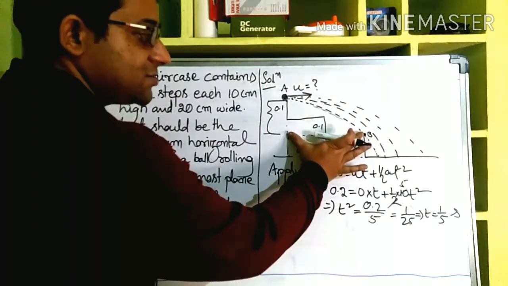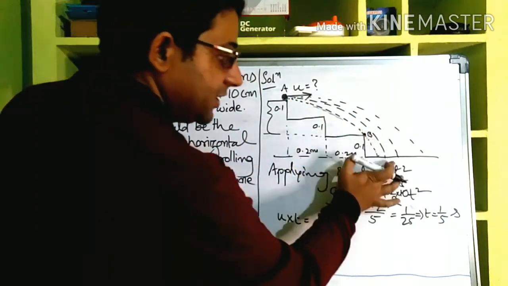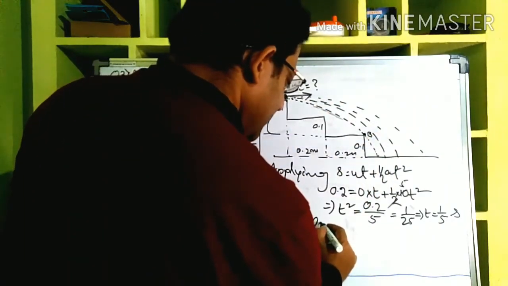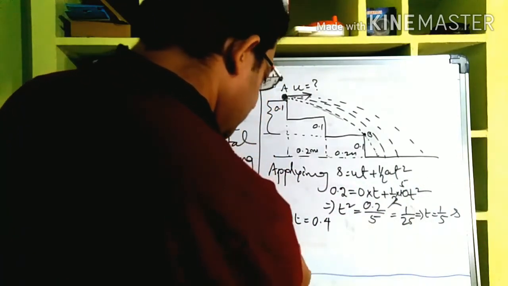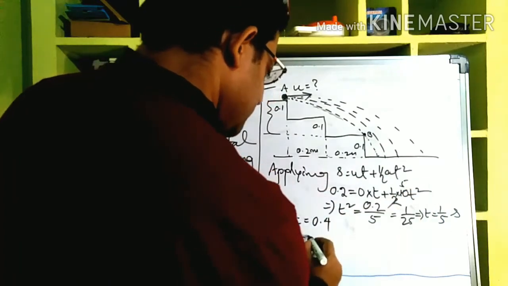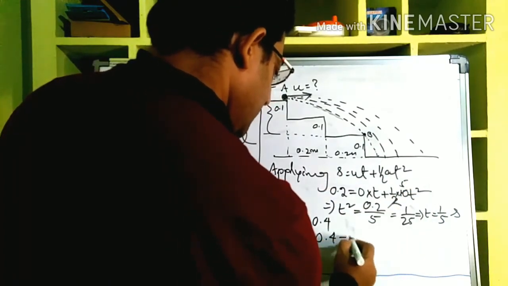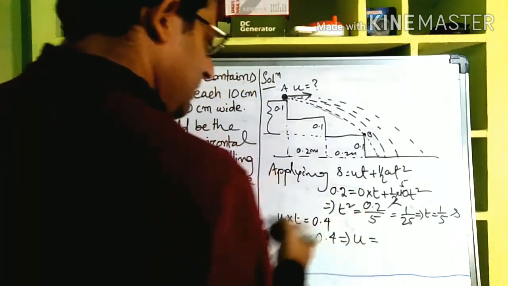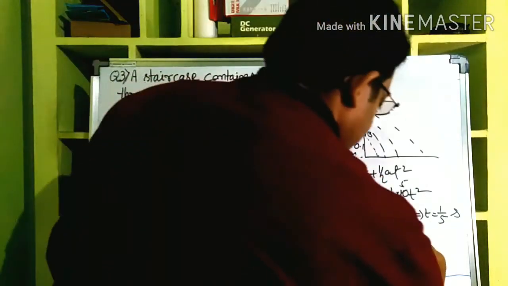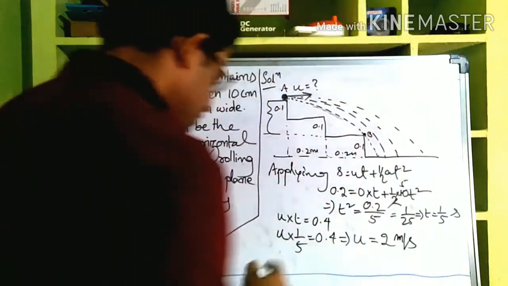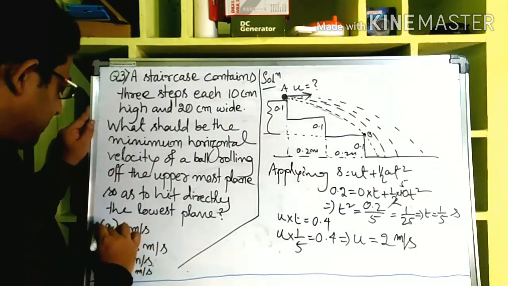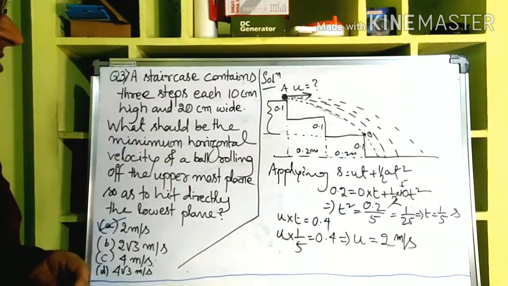So 0.2 plus 0.2, that is 0.4. Now t we have got, so u multiplied by 1 by 5 is equal to 0.4, which implies that u is equal to 2, and u is the velocity, so the unit is meter per second. So 2 meter per second is the right answer. So here A is the right option. Is it clear to everybody?